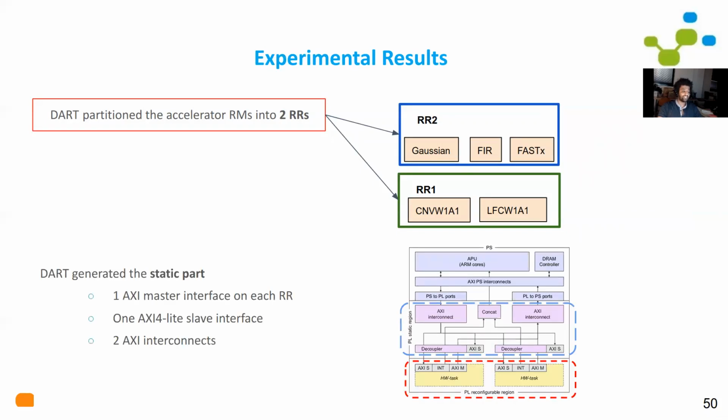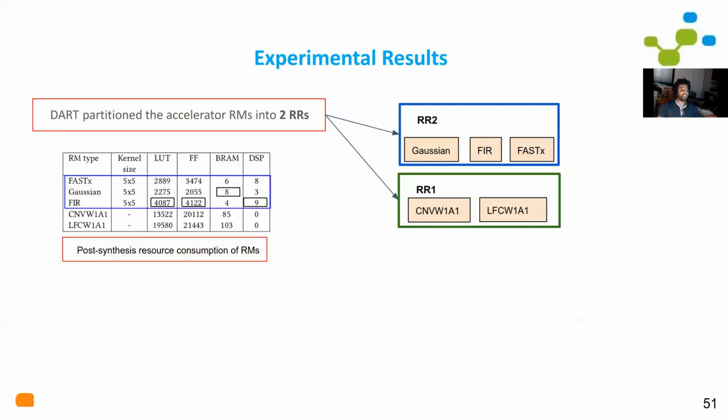Dart also generated the static part of the design. In this case, each reconfigurable region had 1 AXI master bus and 1 AXI4-Lite slave interface for commands, and they also had an interrupt line. Dart also generated a decoupler IP in order to decouple the reconfigurable regions from glitches during reconfiguration.